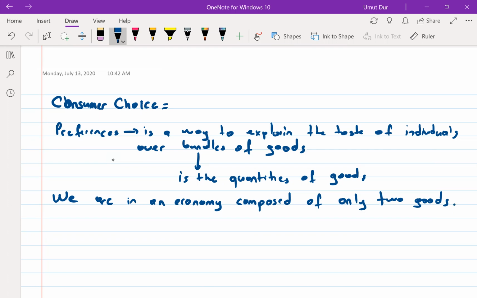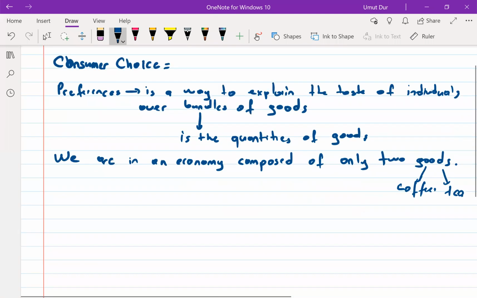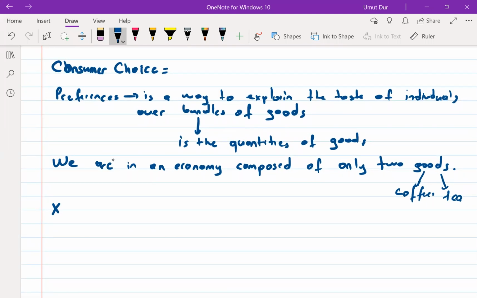Let's say that the first good is coffee and the second good is tea. We are considering x. Let's say this is x1. x1 is composed of c1 and t1.